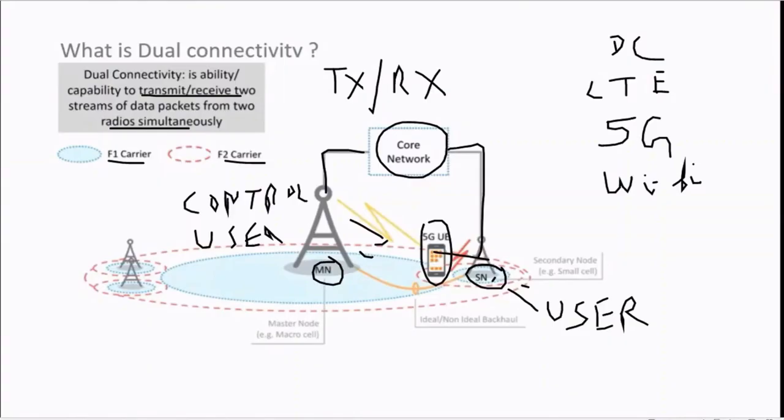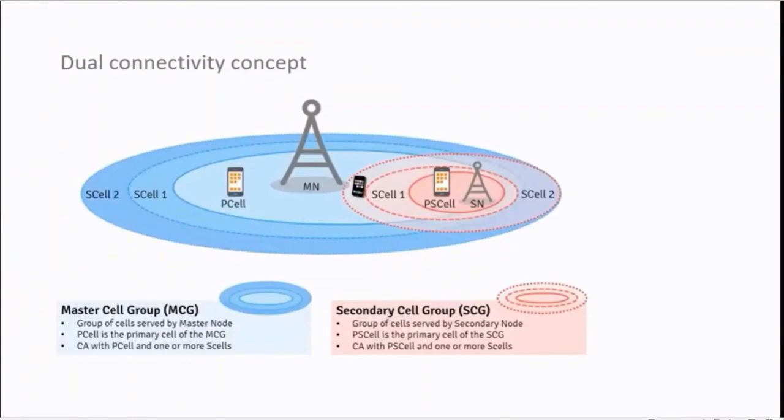So when to add a secondary node, how to add the secondary node, how many secondary nodes to be added, all are controlled by the master node. So the first important terminology is master node and secondary node for this dual connectivity, between the two base stations. Okay. Then we have this dual connectivity concept.